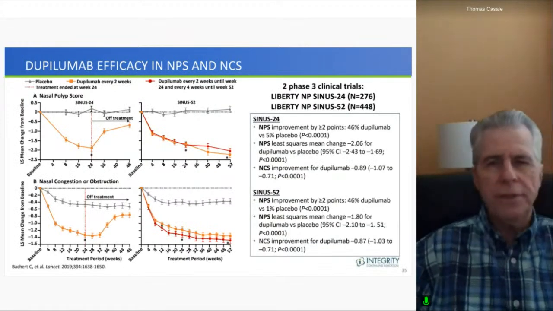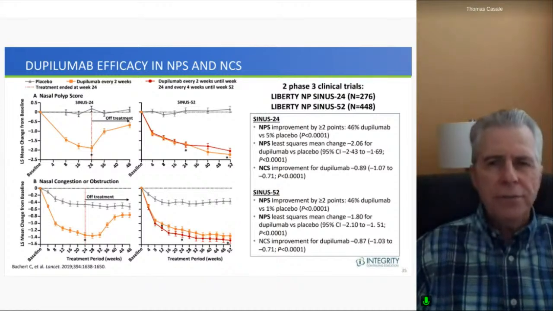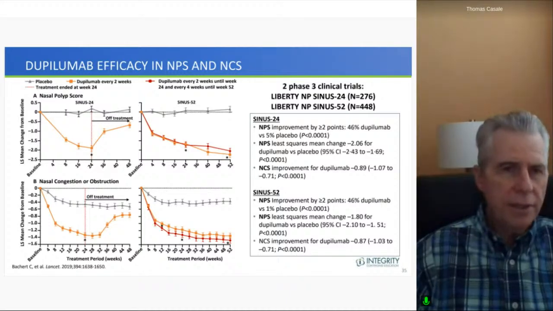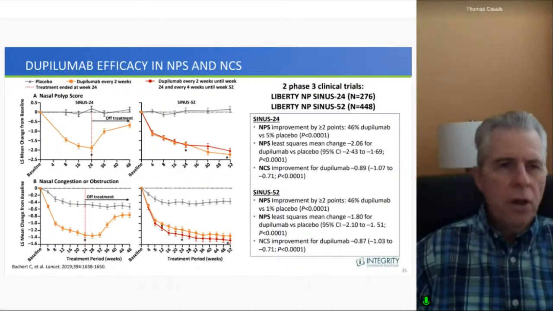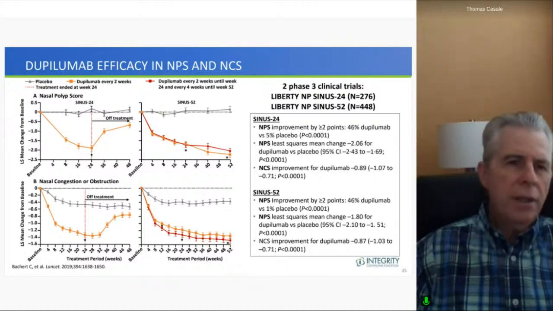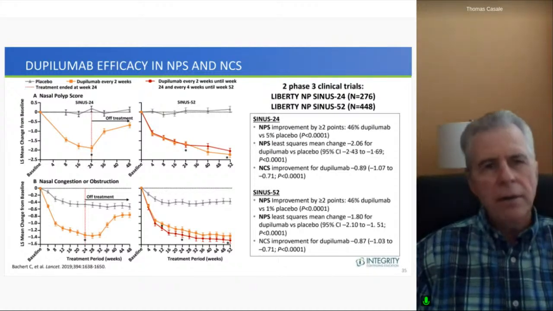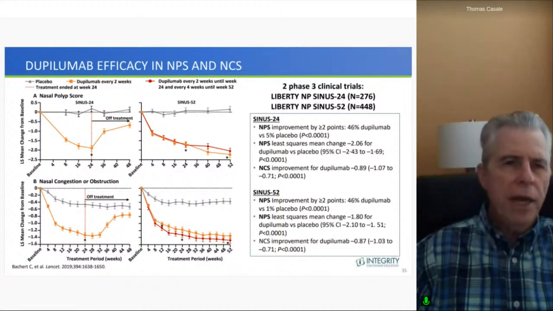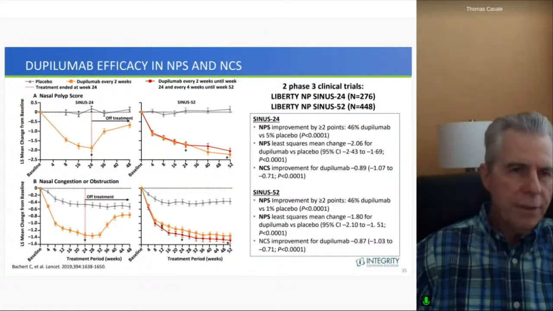Here's some of the results. So these are the phase 3 data results published for DUPILUMAB, so-called Liberty studies. 2 different studies. One on the left-hand side, and you could see that patients received DUPILUMAB every 2 weeks for 24 weeks, and then it was stopped.